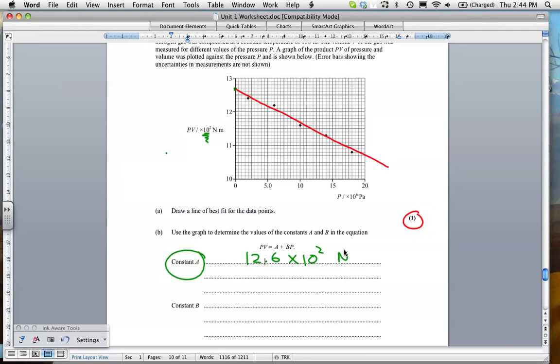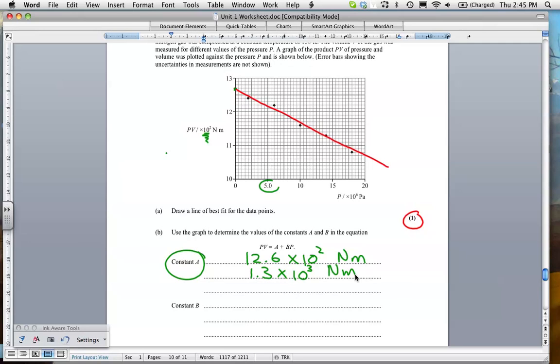That's going to be Newton meters there. Now this is quite accurate, 12.6 for a best fit line, and all the values that we've been given seem to be to 2 significant figures. So probably doing this to 2 significant figures, I could write this as 1.3 times 10 to the 3 would be more appropriate.